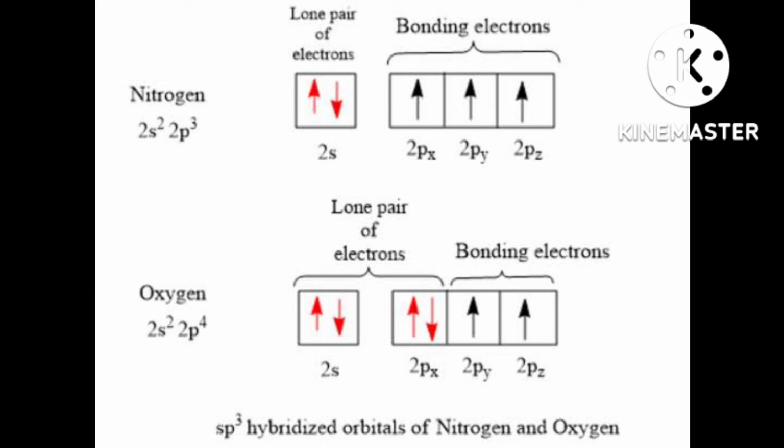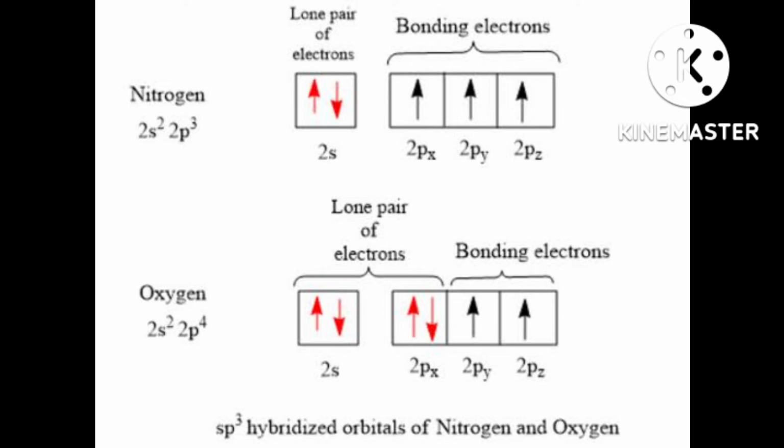Beryllium has 4 electrons. The ground state electronic configuration of beryllium is 1s2, 2s2.